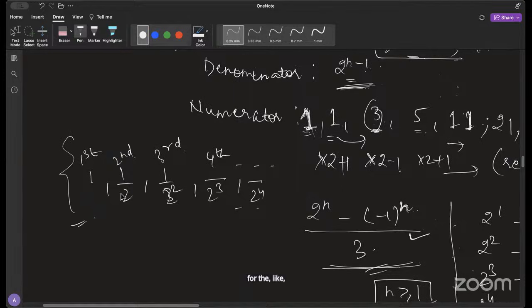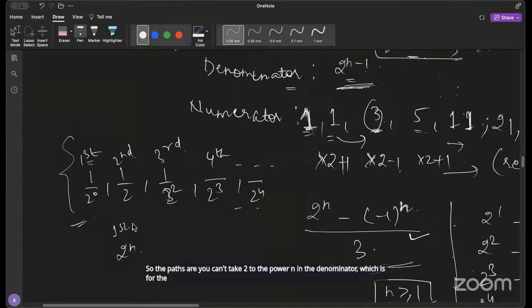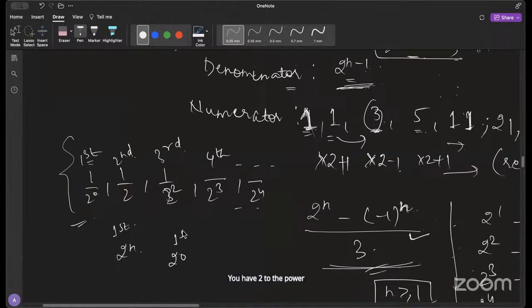For the denominator part, it's actually very easy. For the first term, you have 2 to the power 0. You can't take 2 to the power n in the denominator because for the first term, you have 2 to the power 0. Then for the second term, you have 2 to the power 1. That means if you do 2 to the power n, you'll have 2 to the power 1 here.